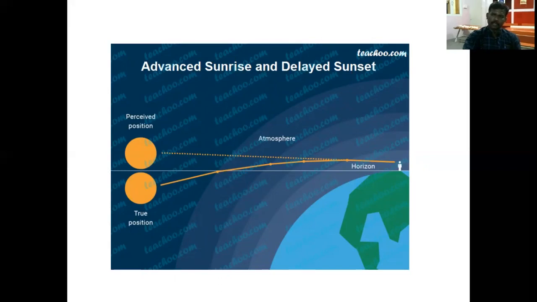But here the refraction is possible. So 2 minutes earlier and additionally 2 minutes later we receive the sunlight. So totally 4 minutes additionally we receive the sunlight in daytime.